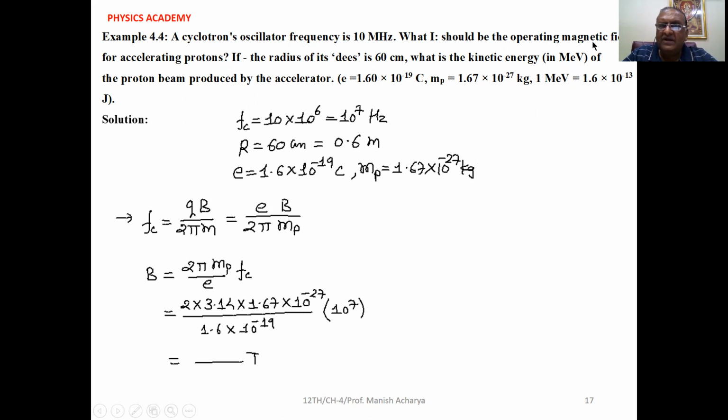So operating magnetic field for accelerating proton can be calculated now: 2 pi, 3.14, mass of proton 1.67 into 10 raised to minus 27 upon e, that is 1.6 into 10 raised to minus 19, fc, that is 10 raised to 7. Now solve this one, you will get the magnetic field B.